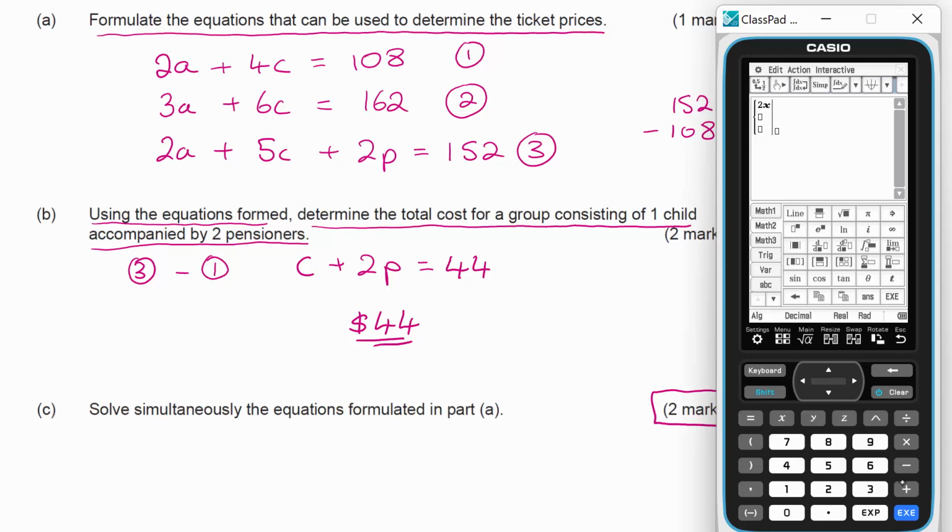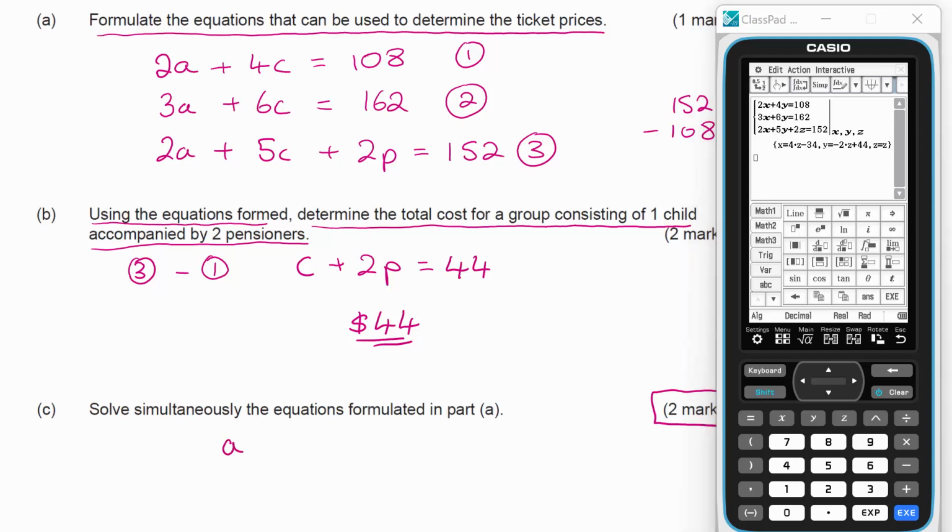So 2x add 4y is equal to 108. And then we get 3x plus 6y is equal to 162. And then finally, I've got 2x plus 5y plus 2z is equal to 152. And I need to tell the calculator I'm solving for x, y, and z.